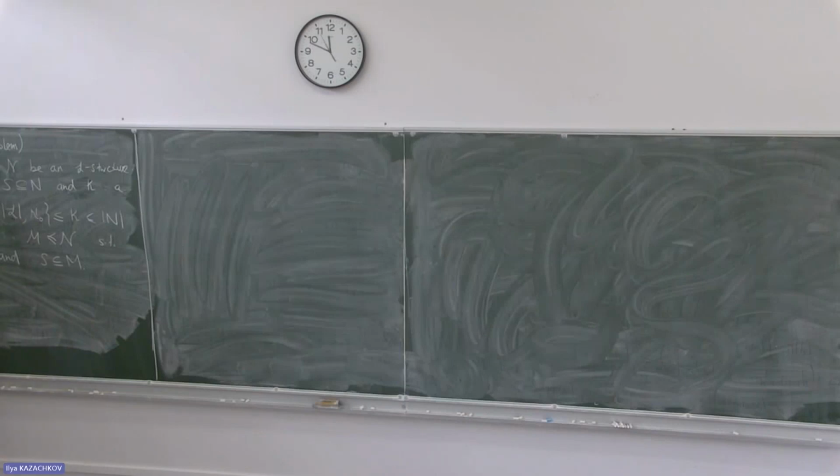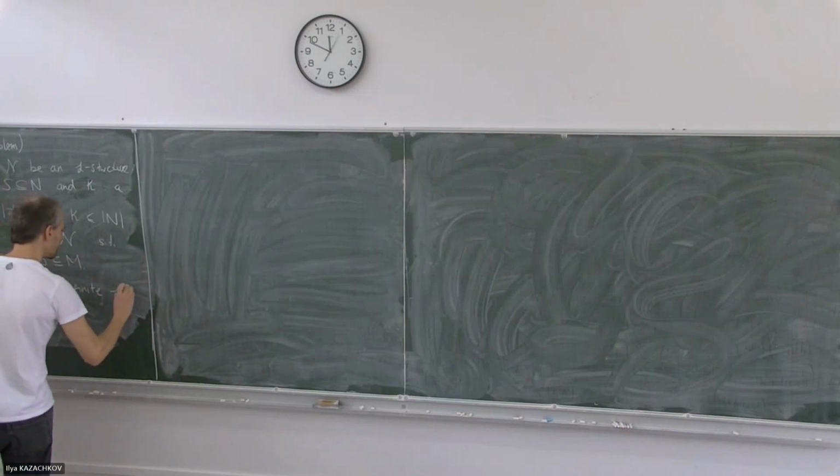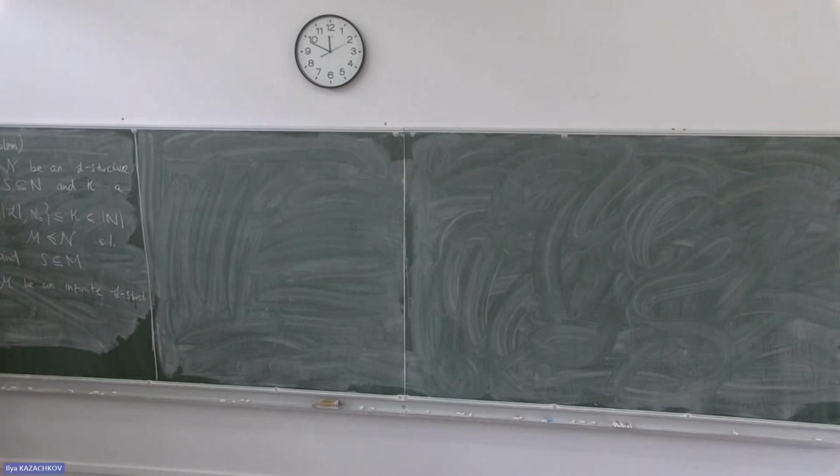Upwards, it says: let now M be an infinite L-structure, and now kappa be a cardinal such that it is bigger than the cardinality of M and the cardinality of my language, and that's it.